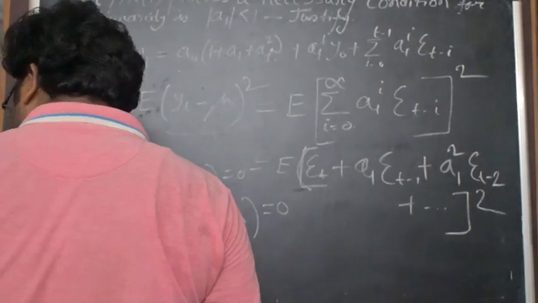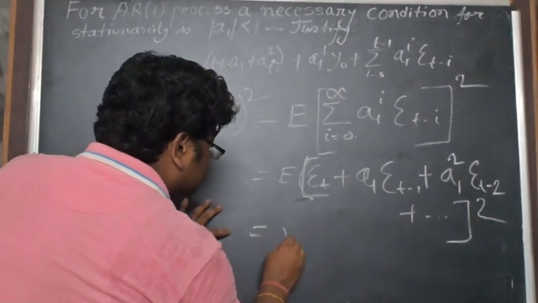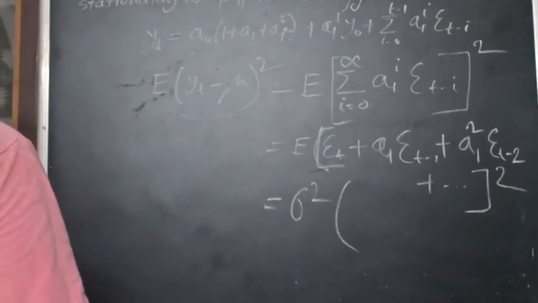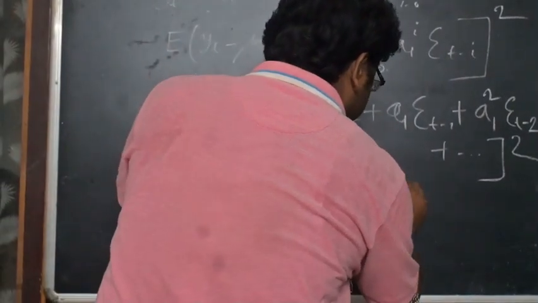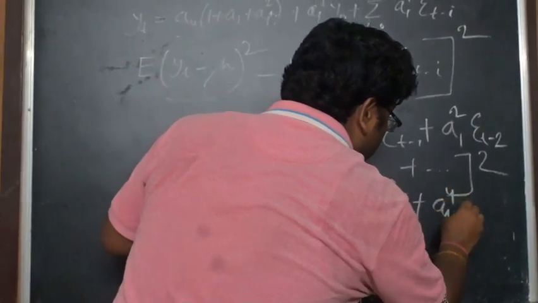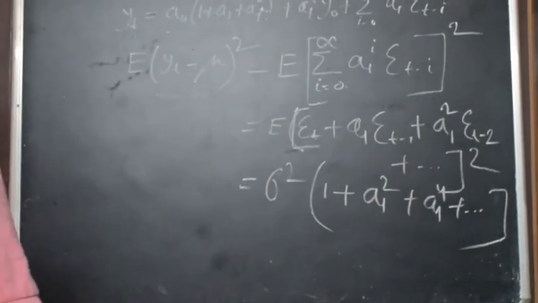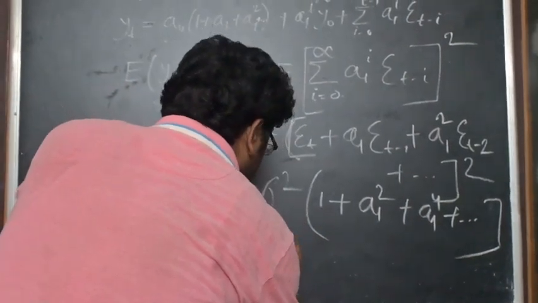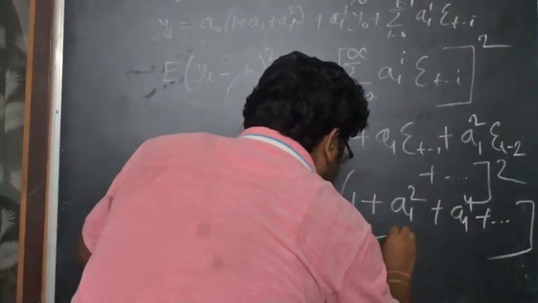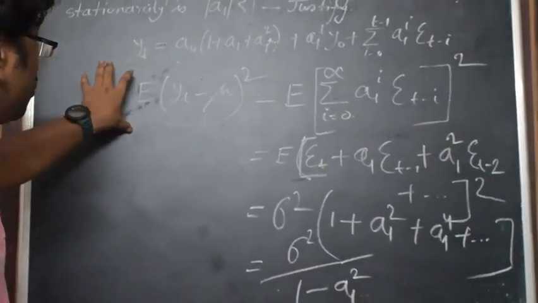So ultimately we have sigma square times (1 plus a1 square plus a1 to the power 4 plus dot dot), which equals sigma square divided by (1 minus a1 square), and this is the value of this part.